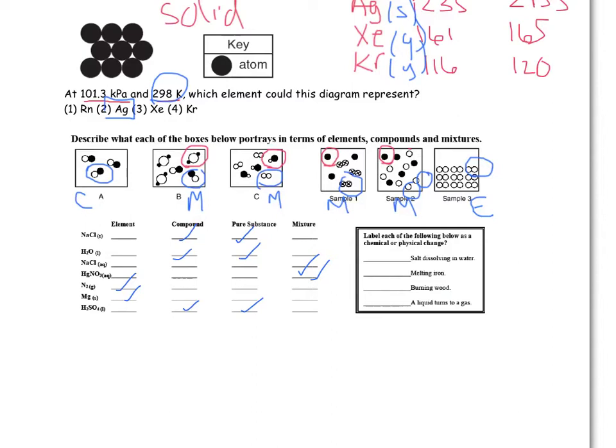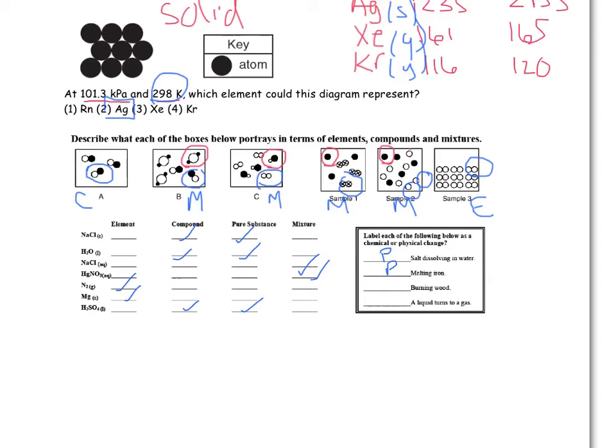Now, here we're asked to look at changes and identify them as physical or chemical changes. So dissolving, when we dissolve salt into water, we still have salt and we still have water. We haven't actually chemically changed anything, so that would be a physical change. Melting of iron, I still have iron, it's just molten or melted, so that again is a physical change.